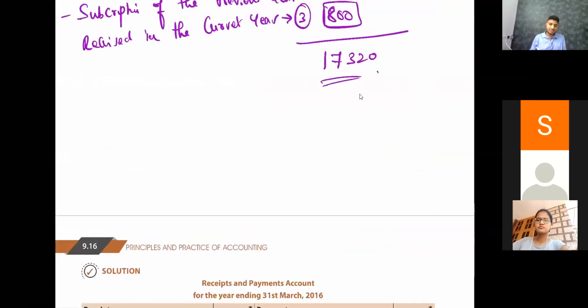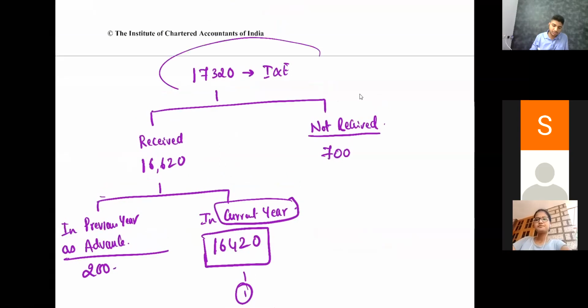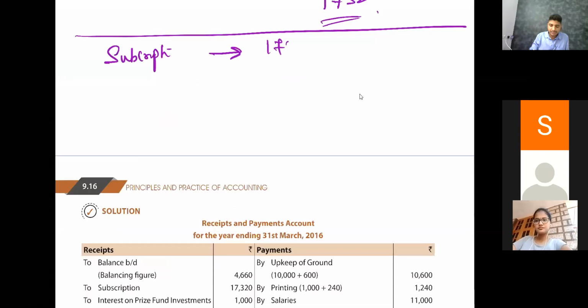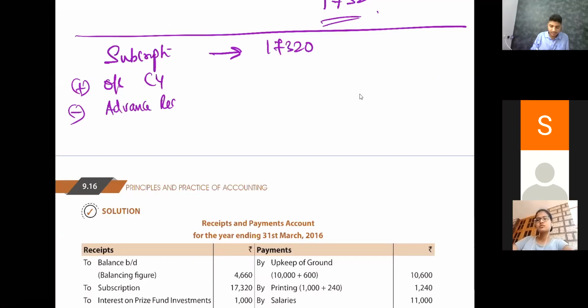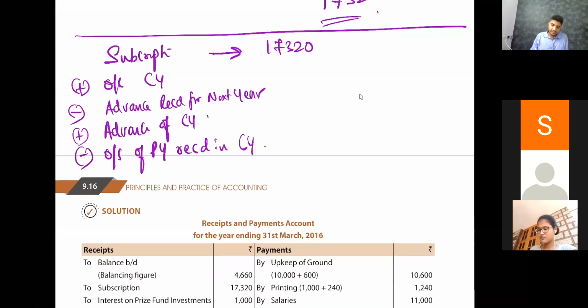Now, if I don't want to do this on a chart basis, but directly on a table basis, then the subscription you have to find: how much is the subscription? 17,320, that is the beginning. 17,320 add outstanding for current year, less advance received for next year, and again add, less outstanding of previous year received in the current year, and the next one is add advance of current year received in last year.